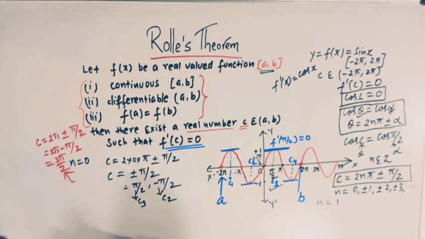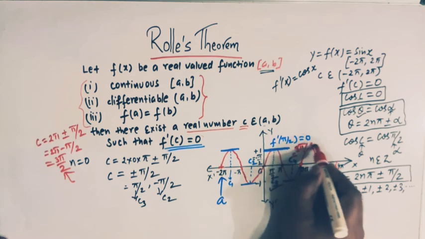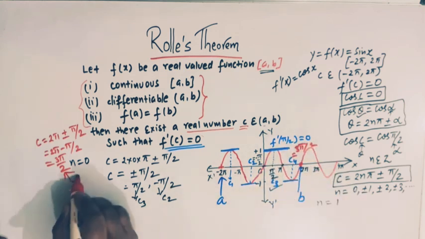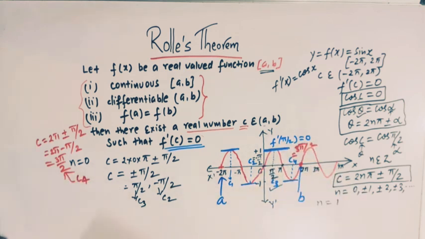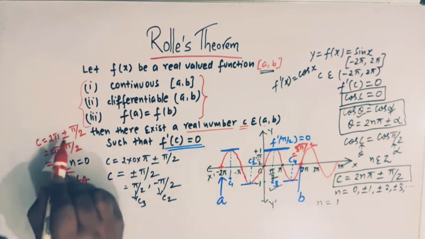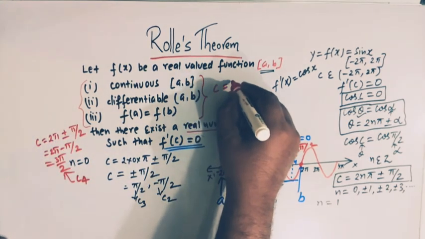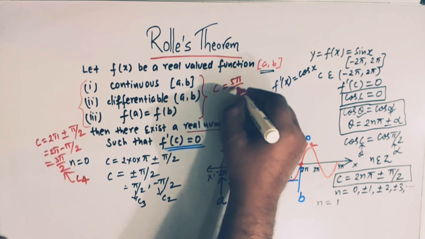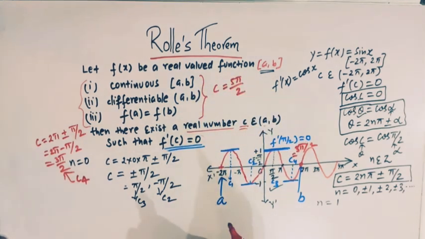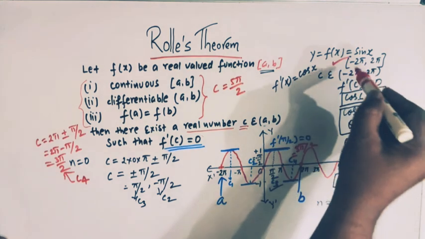So this is 3 pi by 2. So here we have 3 pi by 2, right? So this is the value of c4, right? And here we have not considered the positive sign, because if we take the positive sign, then we'll have the value of c as 5 pi by 2, and 5 pi by 2 does not belong to this interval, right?